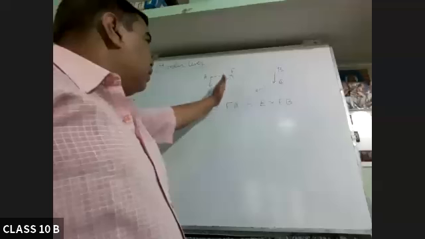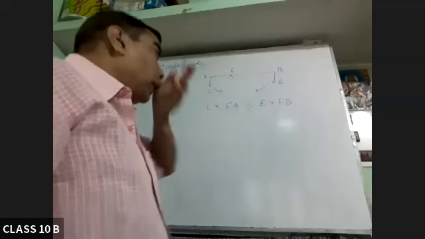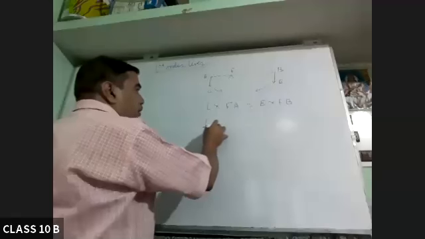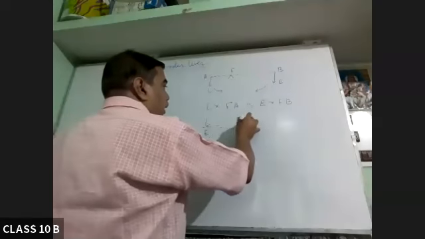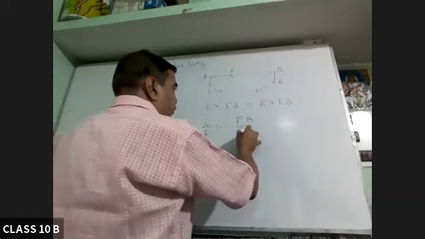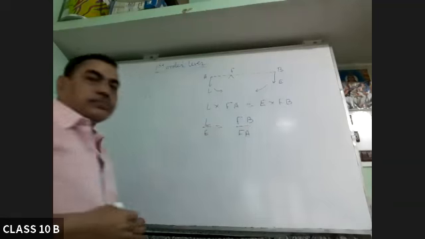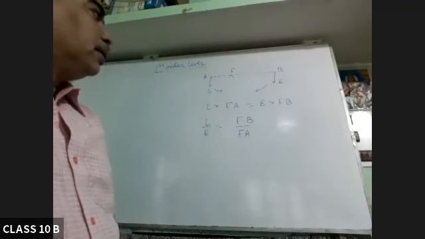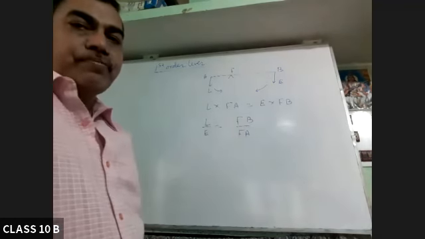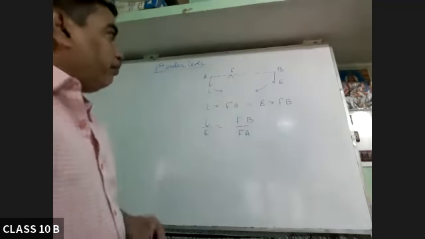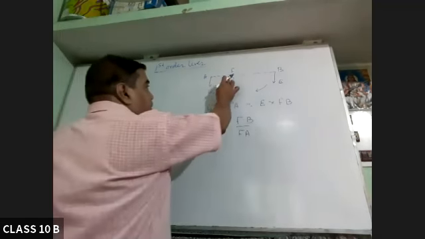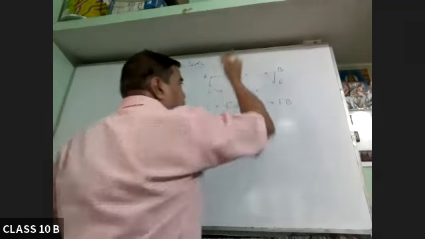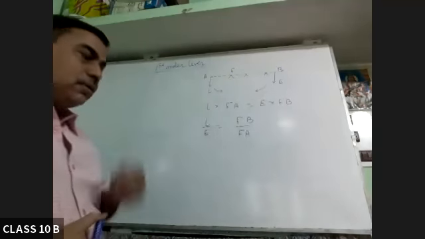Now, in the case of first order lever, L over E will be FB over FA, that is effort arm by load arm. The position of the fulcrum may be somewhere here, or here, or here.